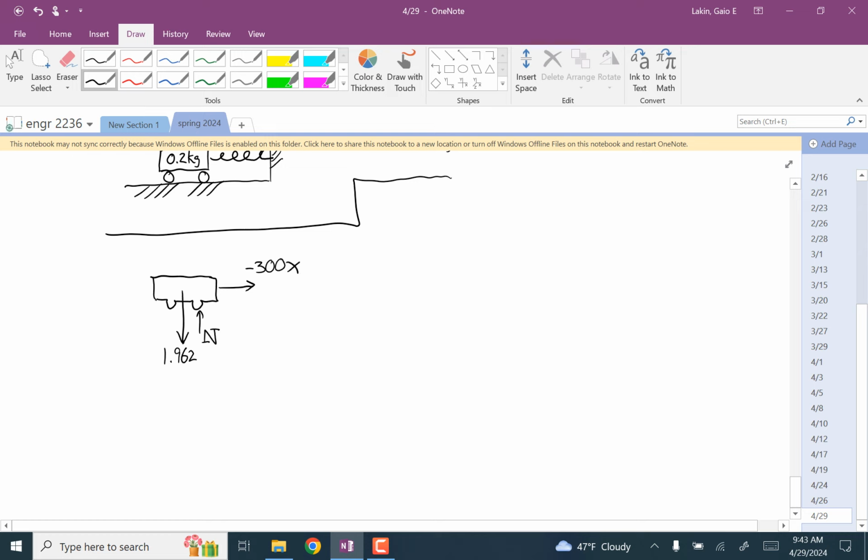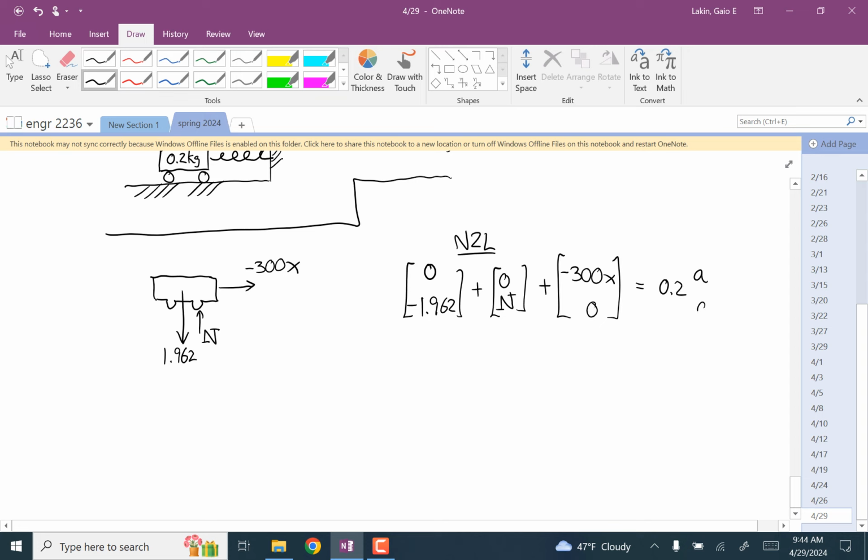Okay? And then Newton's second law, well, you can write out the full equation or just write out the x component. I'll write out the whole thing. So 0, negative 1.962 plus 0 N plus negative 300x, 0, is equal to the mass, 0.2, times the acceleration that's only in the x direction.